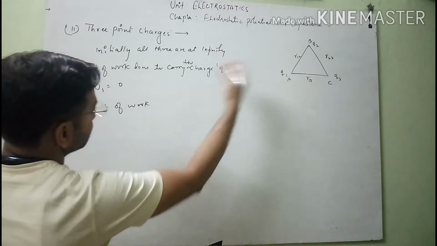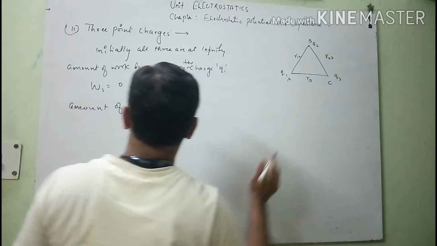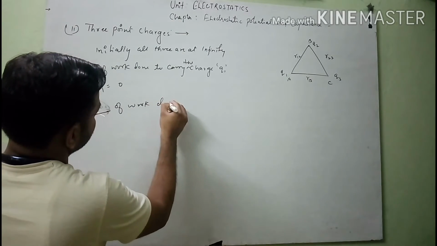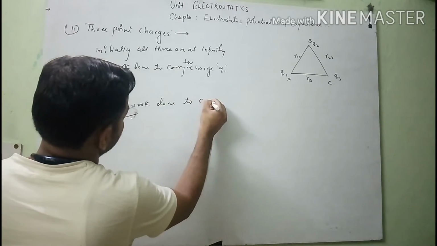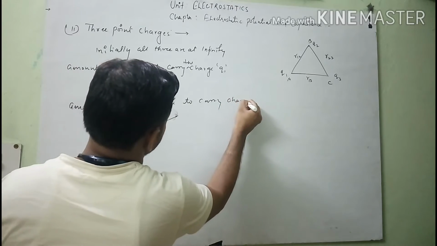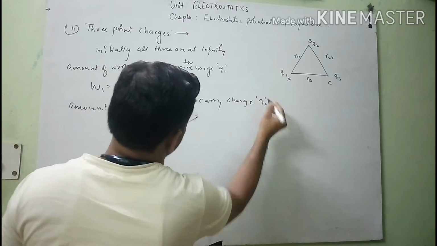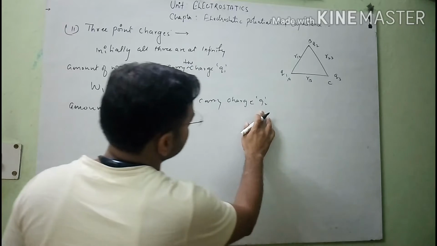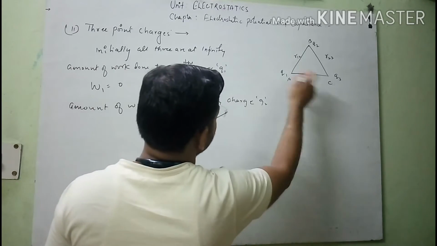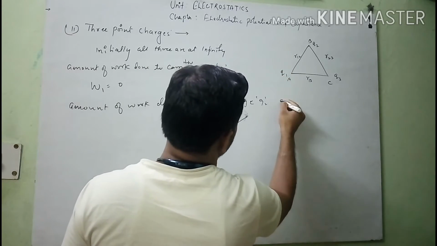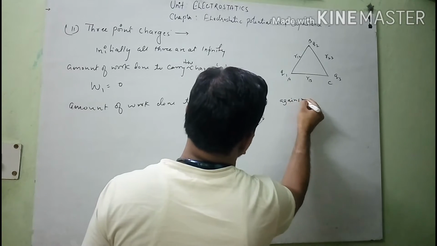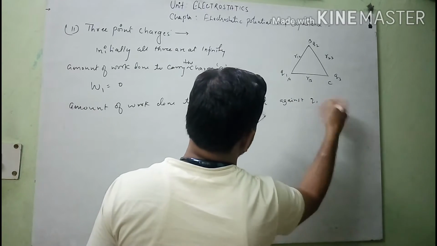Now after this we will carry the next charge, Q2. The amount of work done to carry charge Q2 will be against the electric field made by Q1.